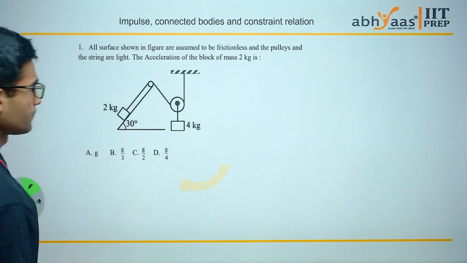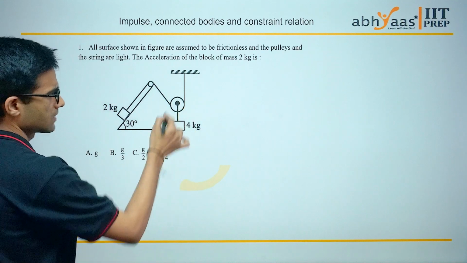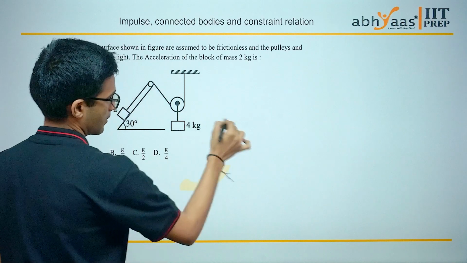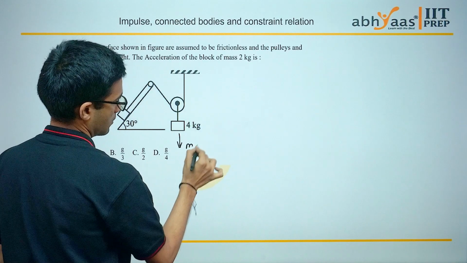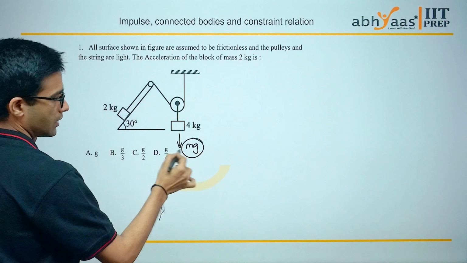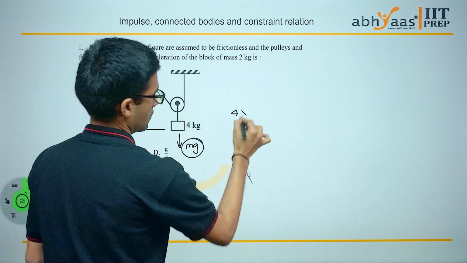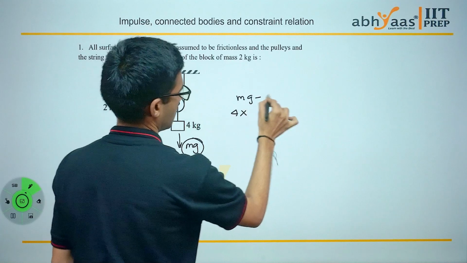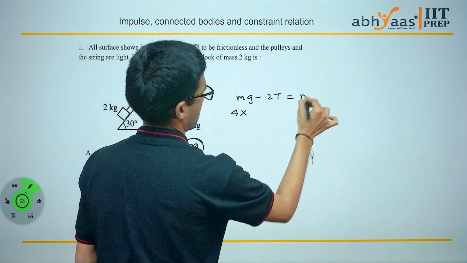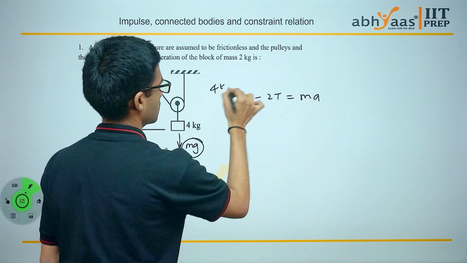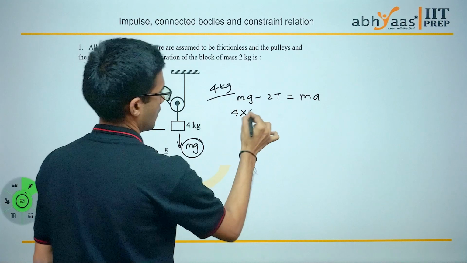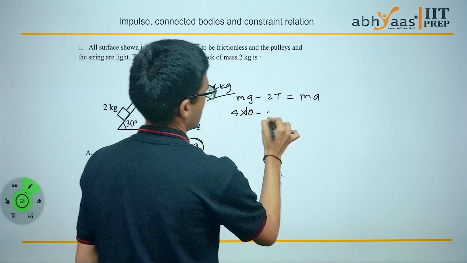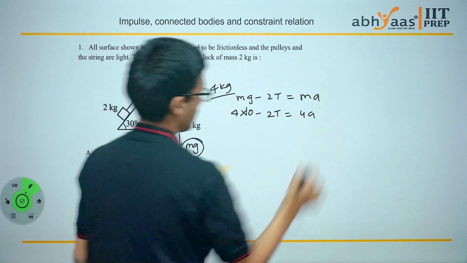First of all, there are two tensions for the 4 kg mass, and it has weight mg. What is the weight? m into g, 4 into g, and 2T is there. So mg minus 2T is equal to ma for the 4 kg mass. Directly writing, 4 into 10, taking g as 10, minus 2T equals 4a. That is the first one.